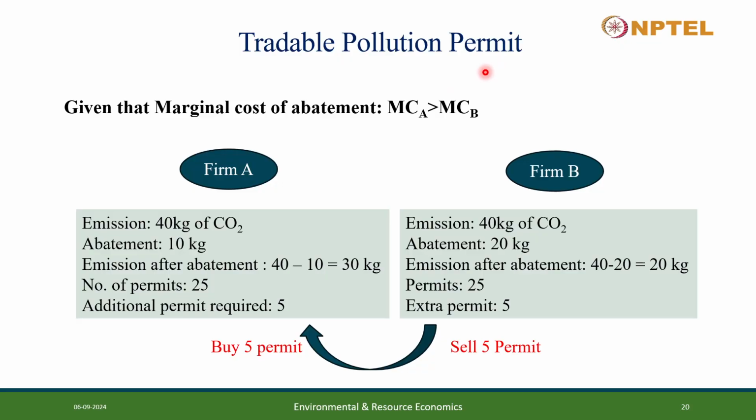So this system is known as tradable pollution permit. In this system the number of permits is determined. For both the firms, the permit level is given, which is, let's say, 25, right? And the abatement is done according to the marginal cost of each firm. Since the marginal cost is lesser for firm B, the abatement is higher.